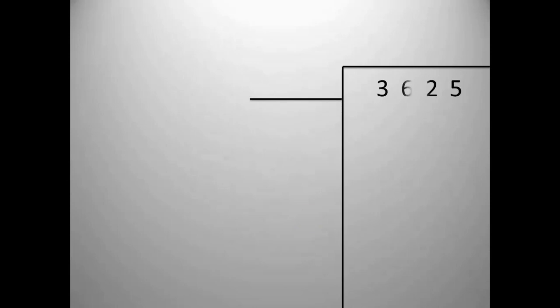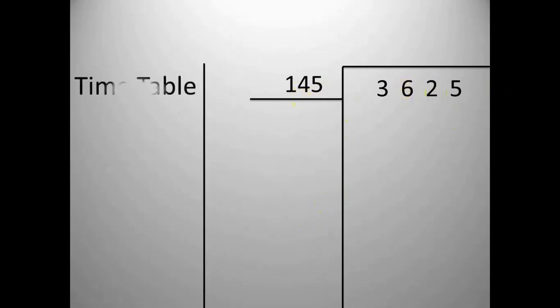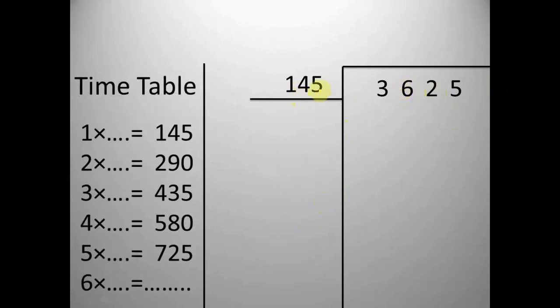The figure of division: dividend, divisor, timetable, and start the division. 3 divided by 145 is impossible. 36 divided by 145 is impossible. 362 is possible because 362 is bigger than 145.